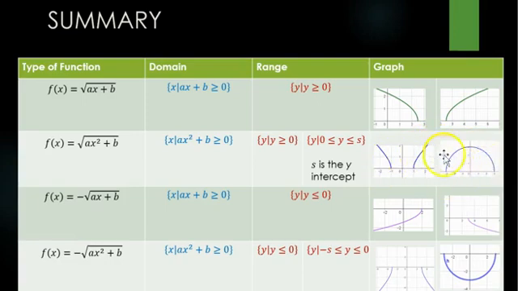Now, this will depend on the domain. Okay. Now, for the last two types here, I have a negative before the radical. So if you look at the difference, the y values would be negative, compared to the first one, wherein the y values are positive. Similarly with this one, you can see that your y values are negative.